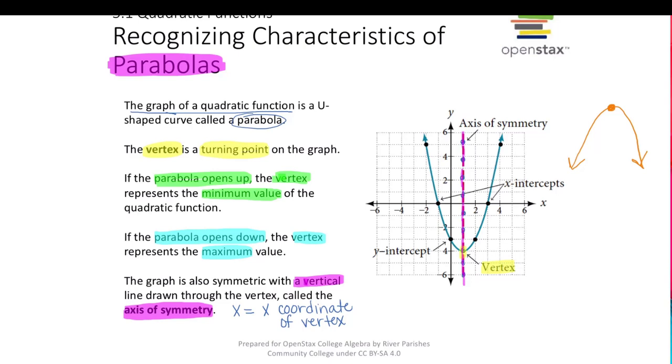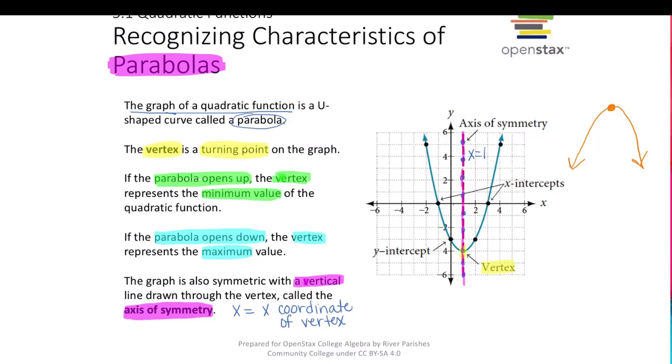So in this case, our x-coordinate looks like it's 1. So the axis of symmetry is x equals 1. You wouldn't just say the axis of symmetry is 1. The axis of symmetry is an entire line, so you define it as the equation of that line, which is x equals 1.